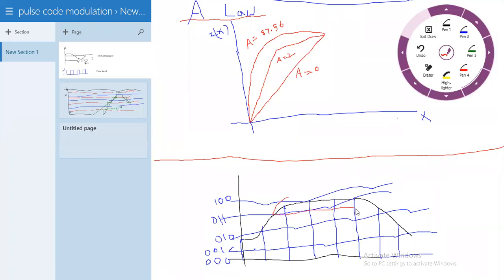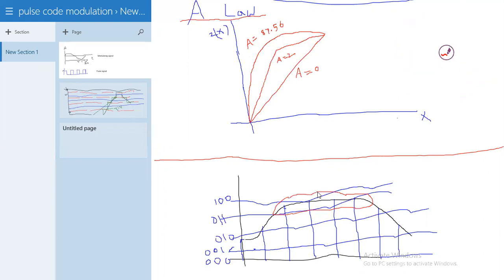These samples, taking them, are almost all equal amplitudes, and the code for this one is the same. That means approximately these are near to this 1 0 0.